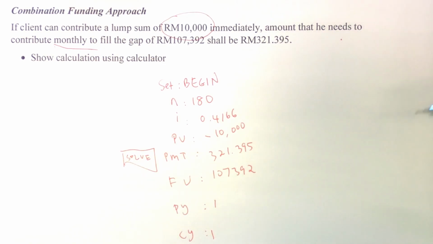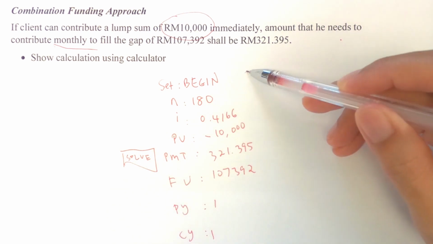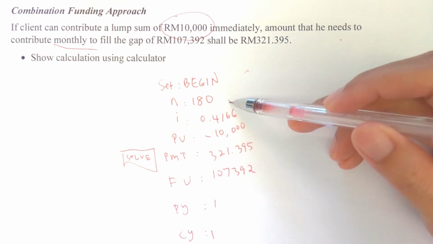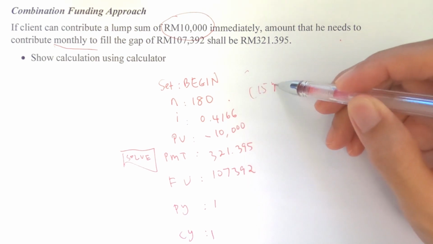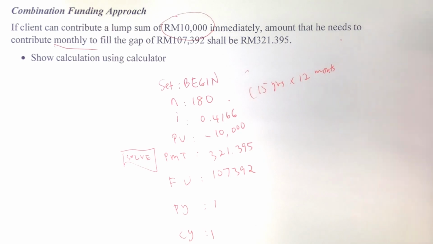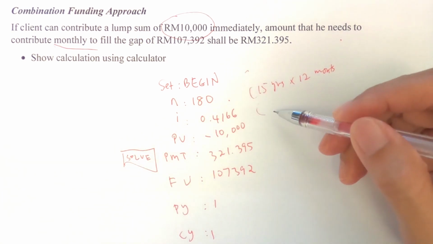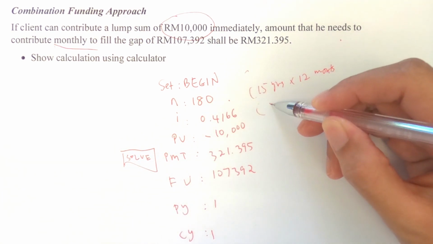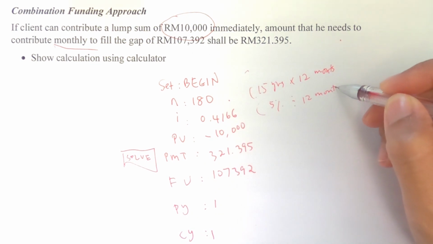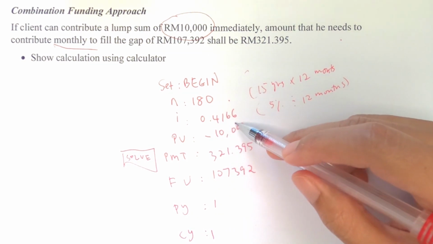all right, we can use the calculator for this purpose. Set your calculator to BEGIN, and N is 180 because it is monthly, 15 years times 12 months. And for I/Y, here you have to divide 5% by 12 months so that you get 0.4166.